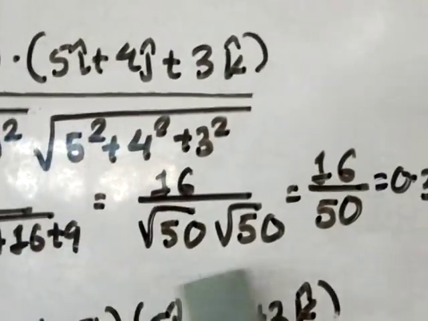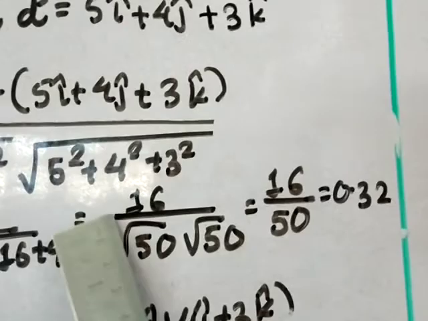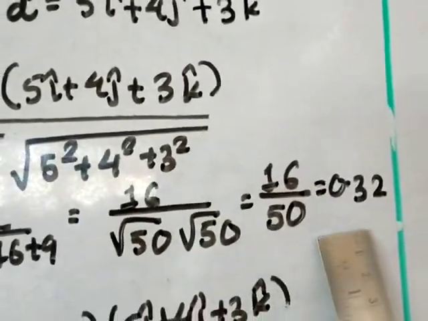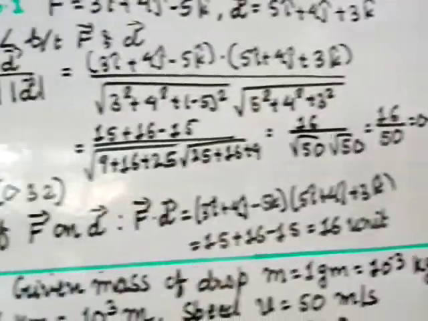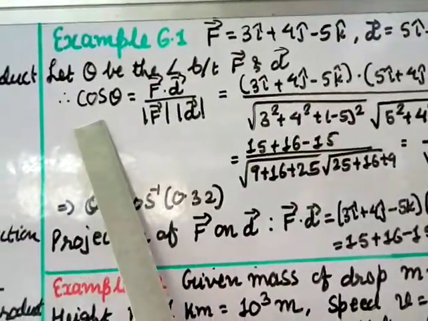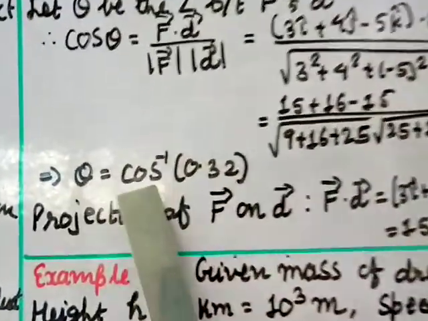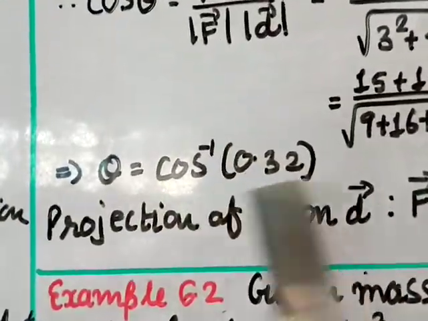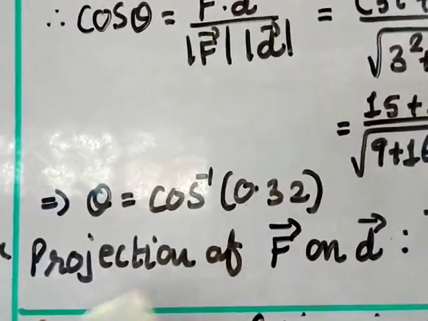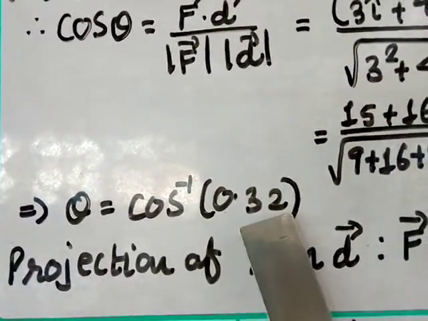The square root of 50 into the square root of 50 gives you 50. So 16 by 50, if you divide this, you get 0.32. We have to find theta, so you can write theta equal to cos inverse of 0.32. So the angle between F and D is cos inverse 0.32.